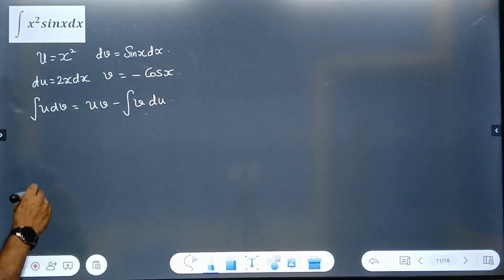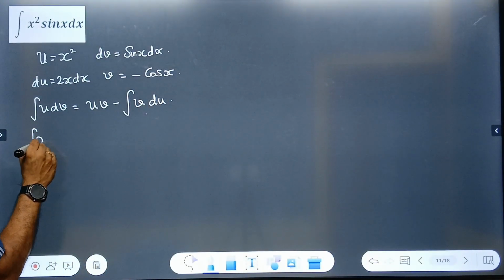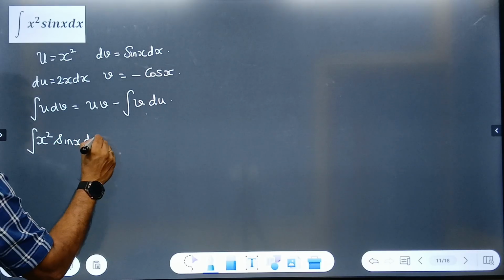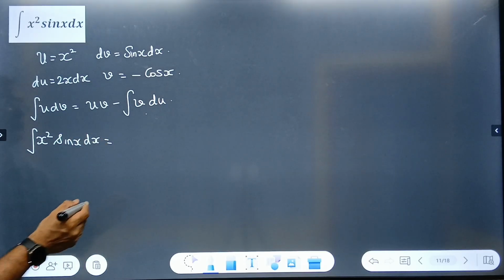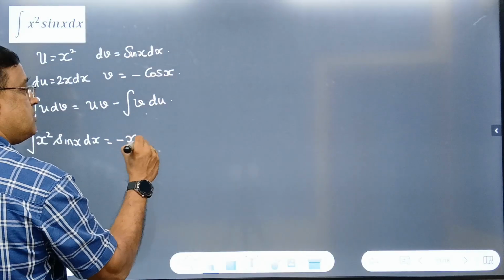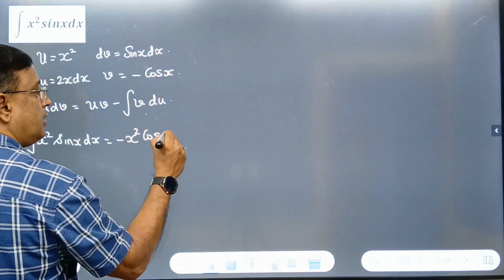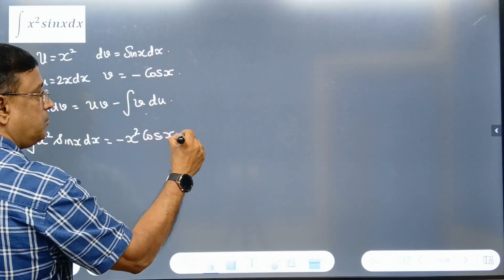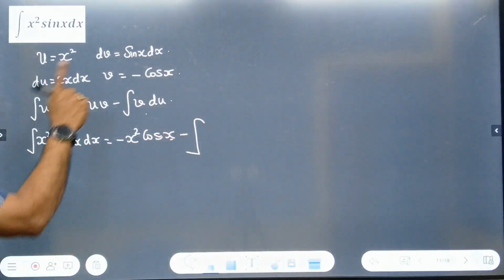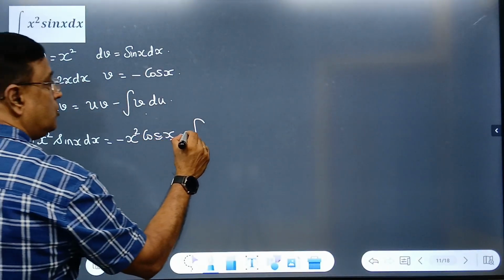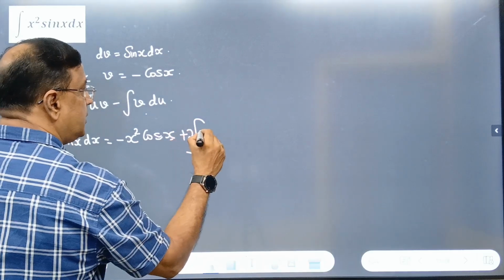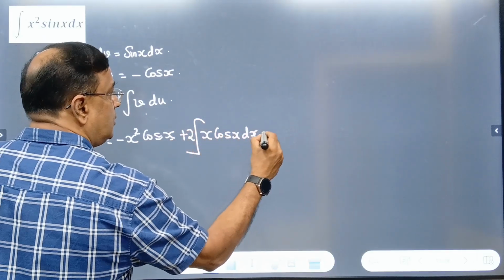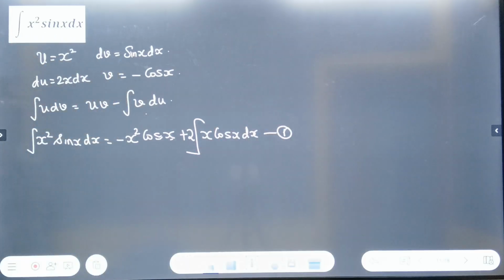So if I apply it here, I get integral x square sin x dx is uv. What is uv? Minus x square cos x, minus integral v du. So 2 is there, minus of minus is plus, x cos x dx. Call this as 1.